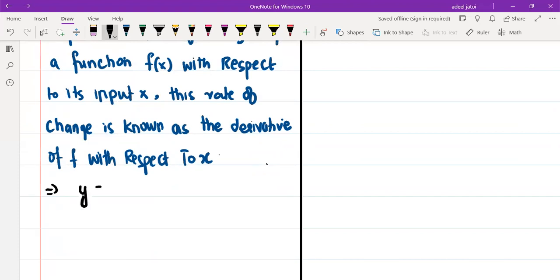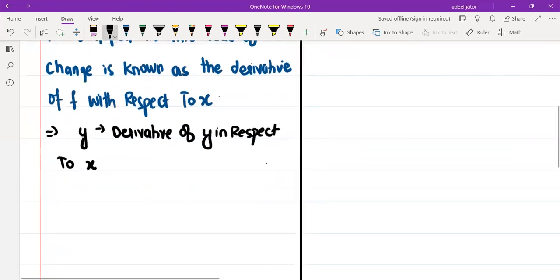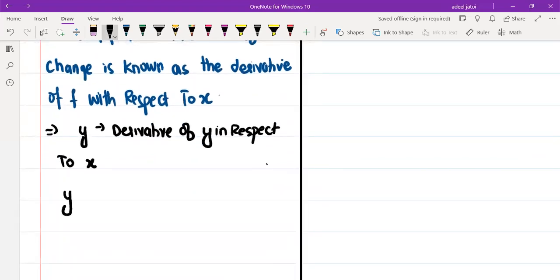So we can say the derivative of y in respect to x, which means when we differentiate y, the equation of a line or equation of a curve, we should be getting dy upon dx.